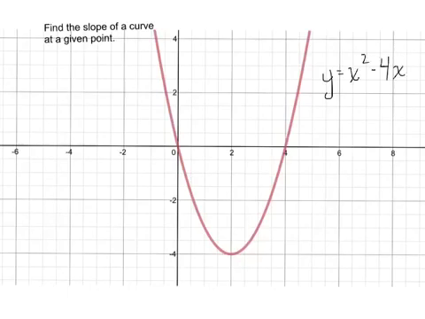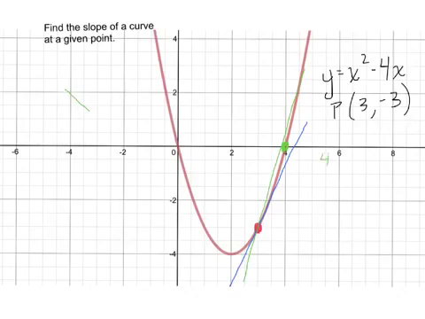The green point has coordinates (4, 0), and of course the red point has coordinates (3, -3). So the slope of that green secant line is going to be the change in y coordinates, -3 minus 0, over the change in x coordinates, 3 minus 4. So this is -3 over -1, or 3.